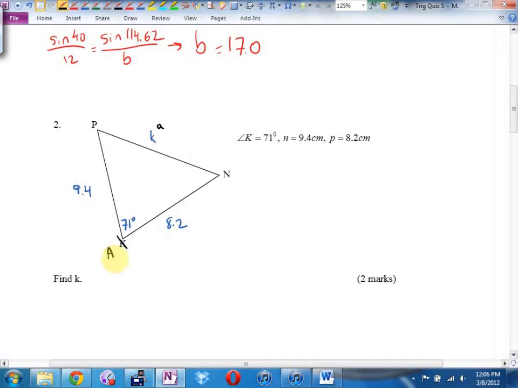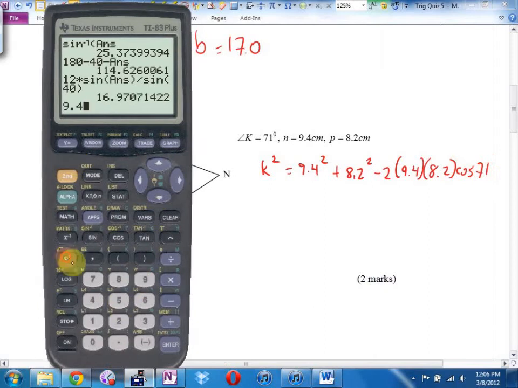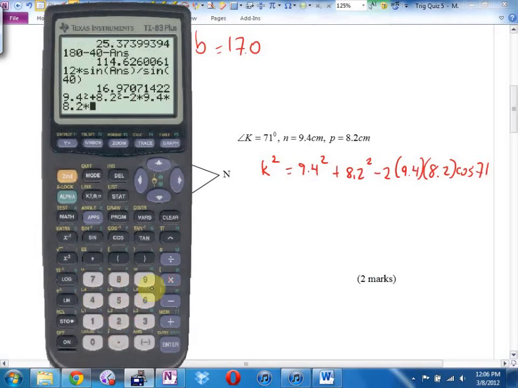Call that big A and little a. It's going to be k squared. Yeah, I know it's a little a, but I'll put the variable there. Equals 9.4 squared plus 8.2 squared minus 2 times 9.4 times 8.2 times the cosine of 71.